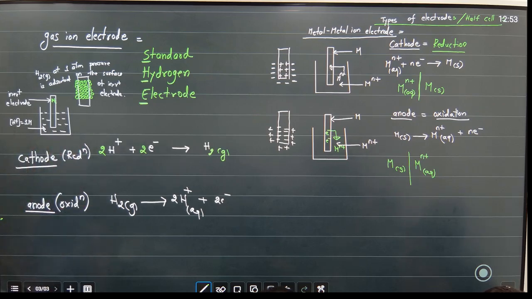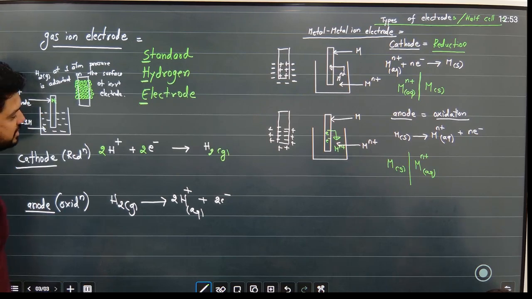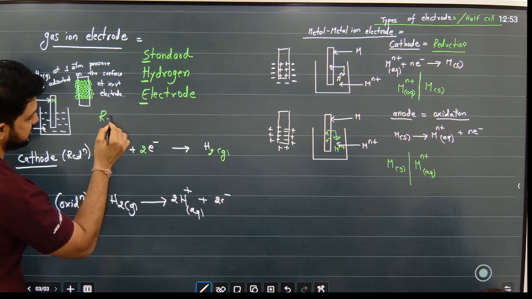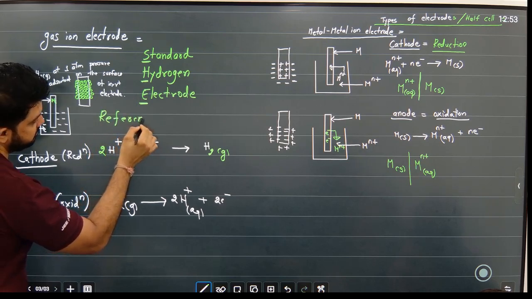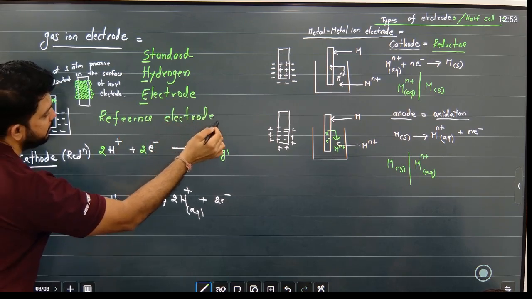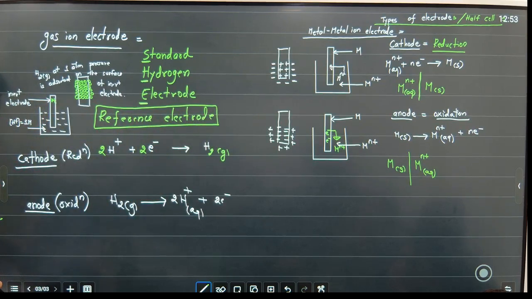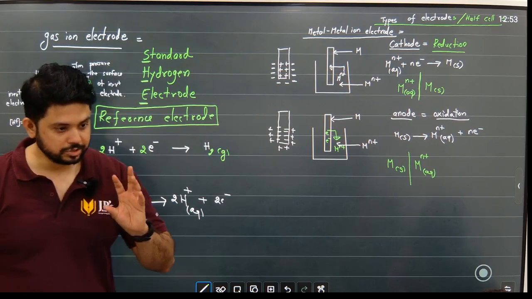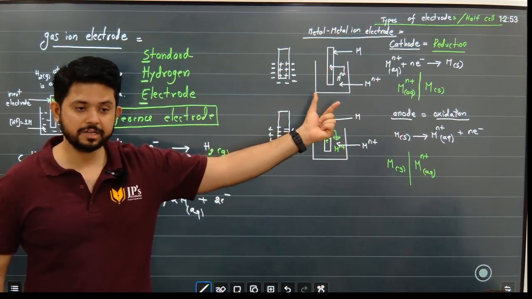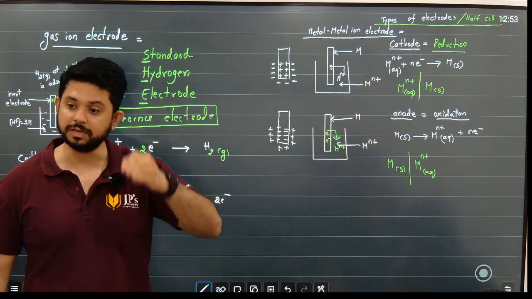Anyways, coming back. ठीक है. SHE standard hydrogen electrode. SHE is a reference electrode. अब इसका मतलब क्या, थोड़ा ना रेफरेंस इलेक्ट्रोड आगे इन डिटेल पढ़ेंगे, but reference electrode is used to find the standard reduction potentials या standard oxidation potential of other elements.